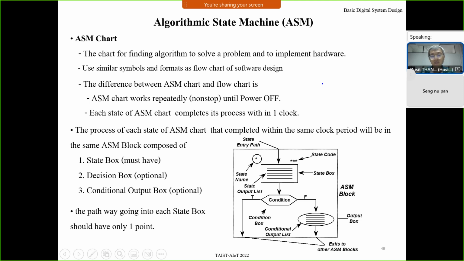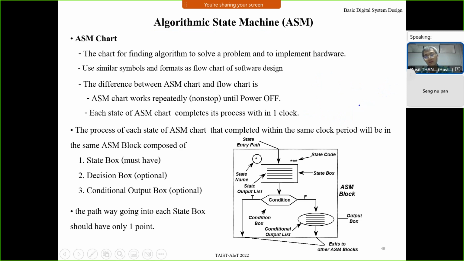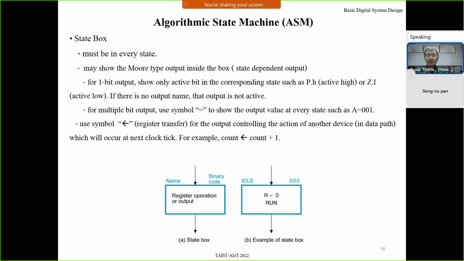It's called ASM, or algorithmic state machine. This design is similar to computer programming, where you draw something like a flow chart. Similar way. Okay, let's see the detail.